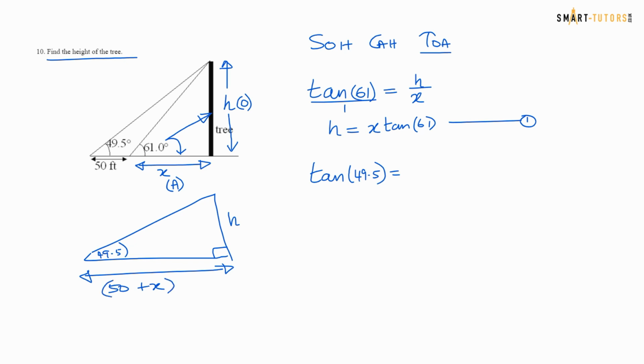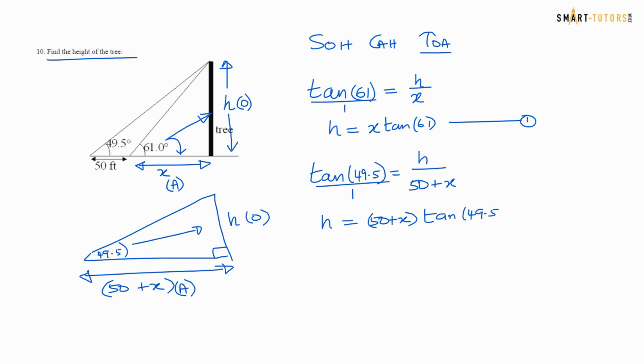So tan 49.5 equals opposite, this is the opposite O, and this is the adjacent. So tan 49.5 equals h over 50 plus x. If you cross multiply, h equals 50 plus x times tan 49.5. That is my second equation.